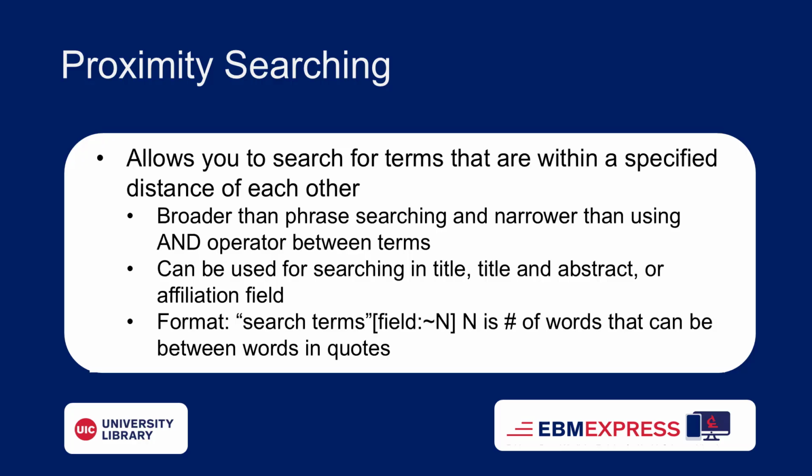You can use proximity when searching in the title, title abstract, or affiliation fields. The format for proximity searching is your search terms in quotes, followed by an opening bracket, the field, a colon, a tilde, the number of words that can be between the search terms, and a closing bracket.